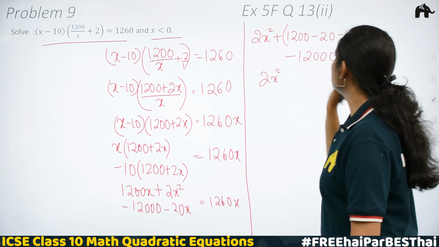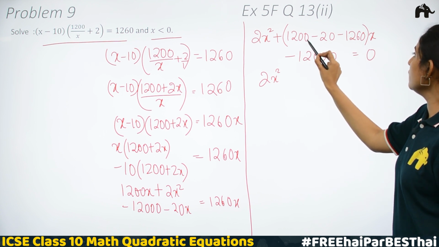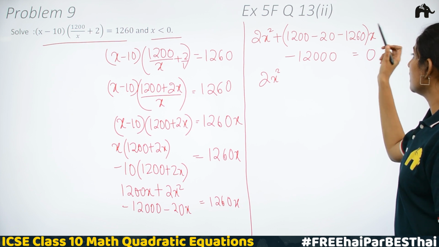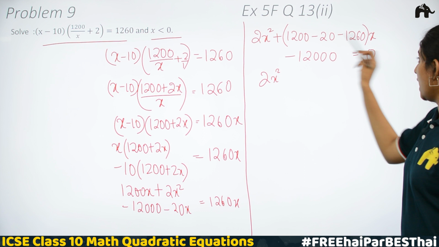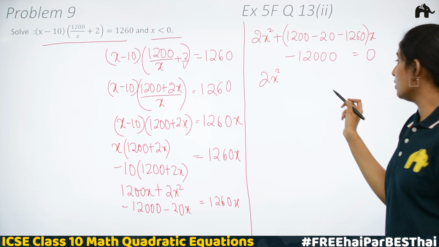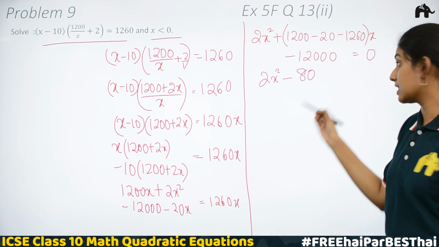2x square. Here what do you get? 1200 minus 20 is 1180, minus 1260. We'll be getting minus 80, here we have x.